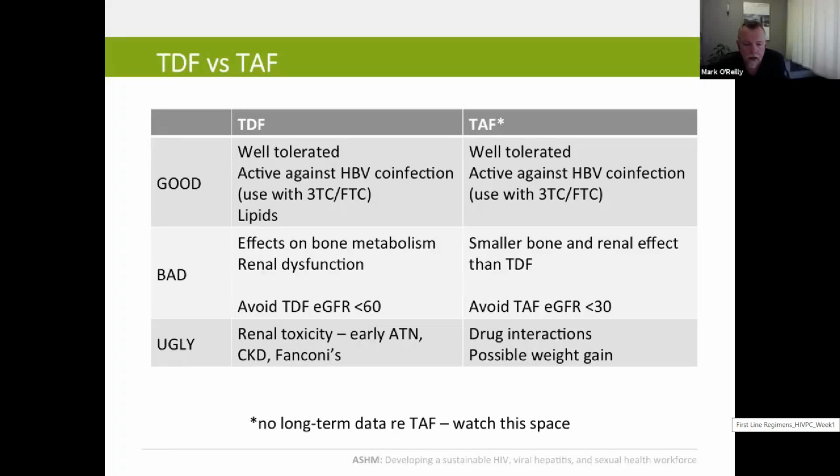And TAF can be used all the way down to an eGFR of 30. As discussed on the previous slide, TAF has some drug-drug interactions that TDF does not. And it's thought that TAF may be associated with some possible weight gain, and that's a bit of a watch this space at the moment.